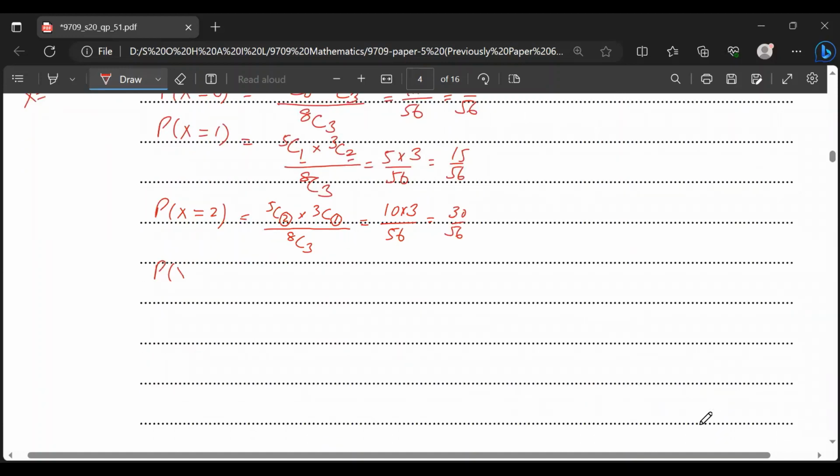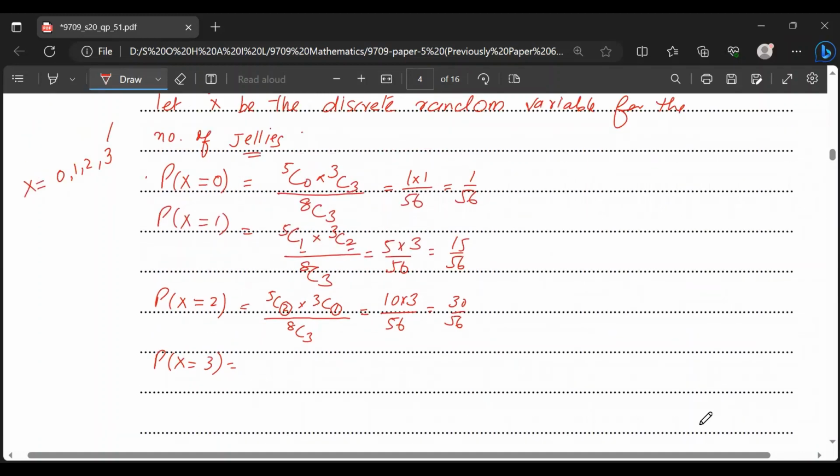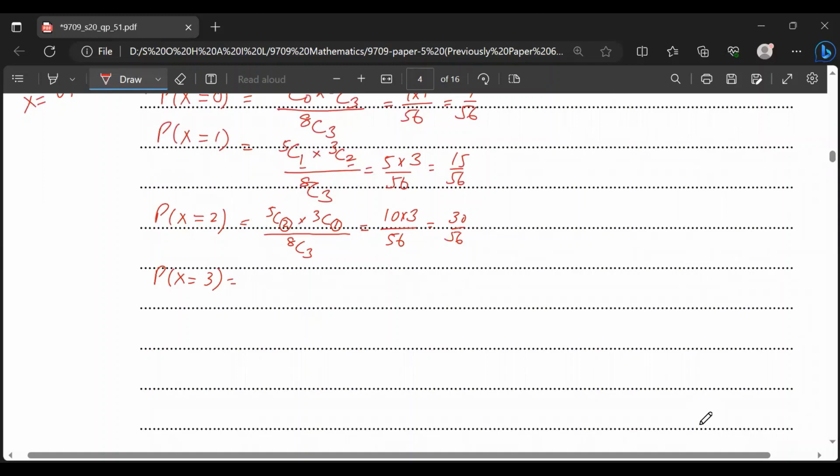Then finally the maximum value which X can take is 3. So 3 jellies, 5C3 multiplied by 3C0, nothing from the chocolates, over 8C3. It is 10 multiplied by 1 divided by 56, so we have the answer 10 over 56.